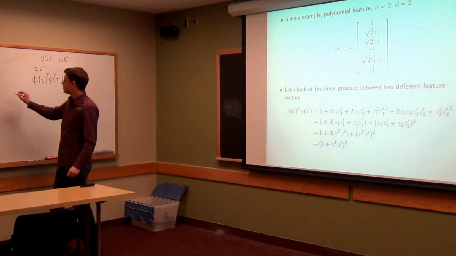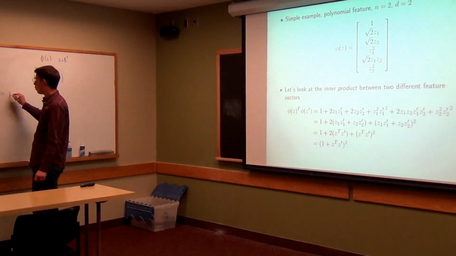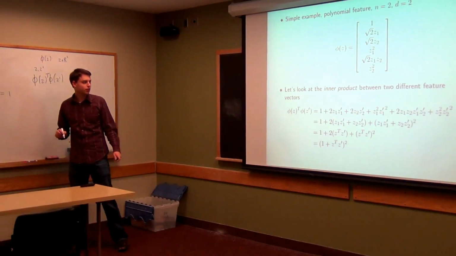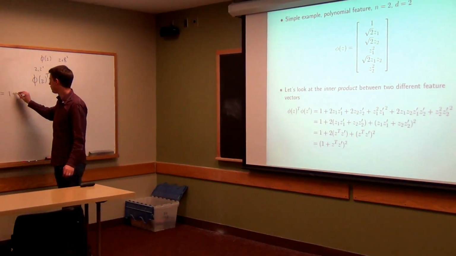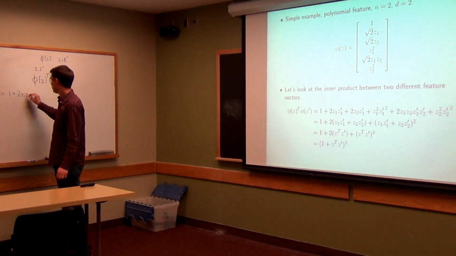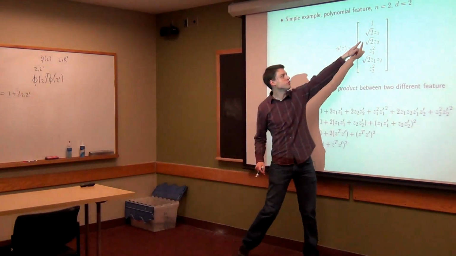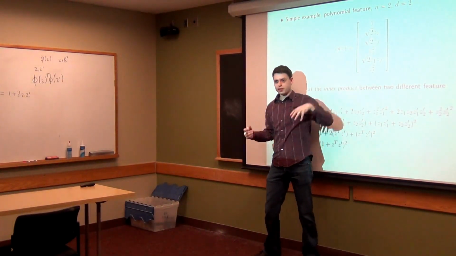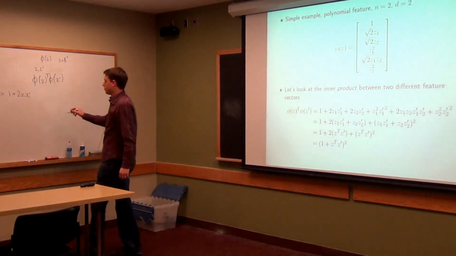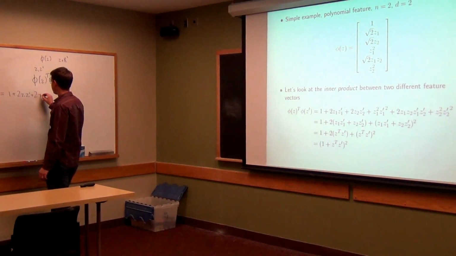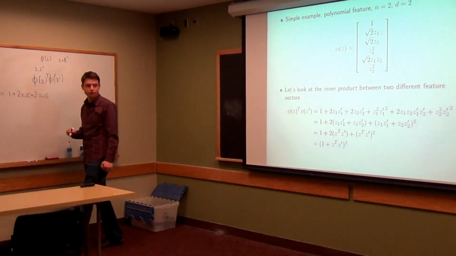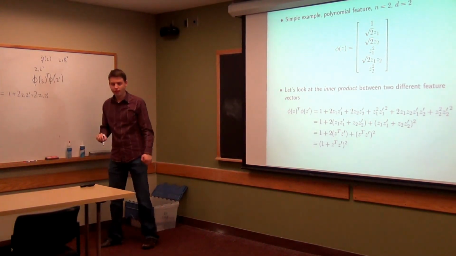So that equals 1. 1 times 1 is 1. Plus 2 z1 z1 prime. That's this entry here. And the square root 2's multiply, so you have 2 in the end. Plus 2 z2 z2 prime. That's this one.